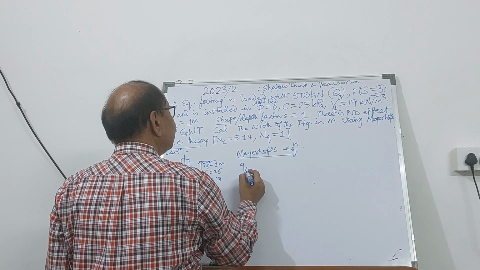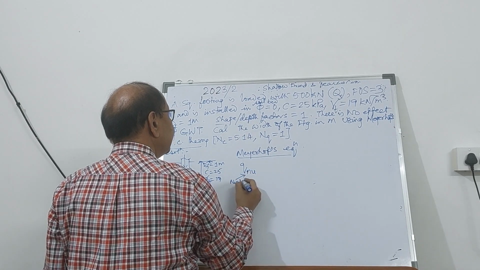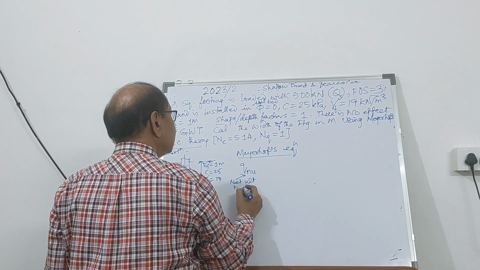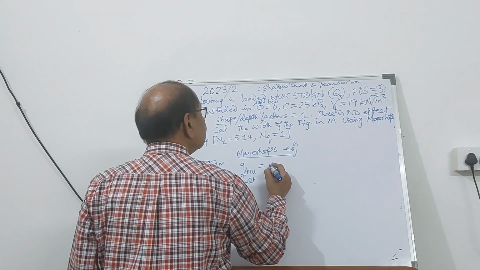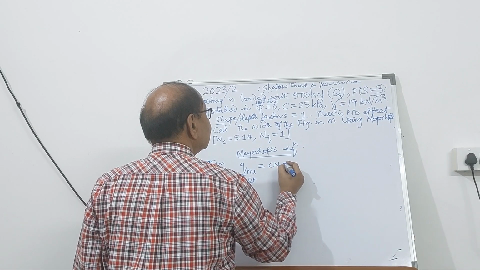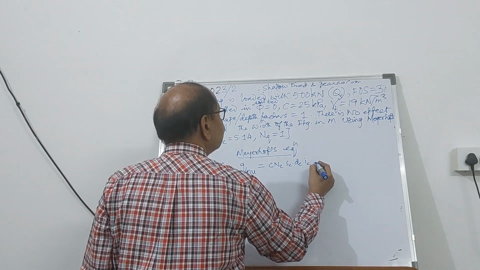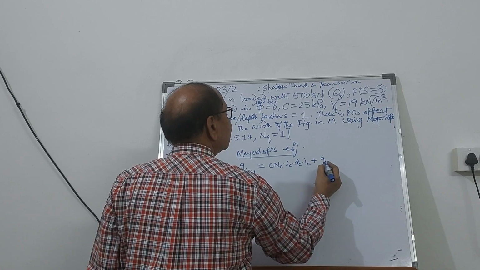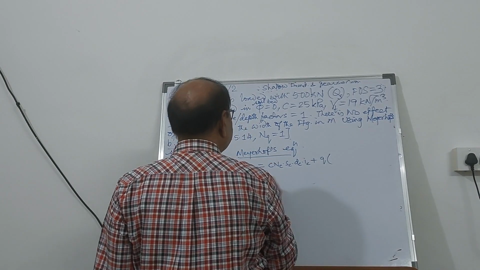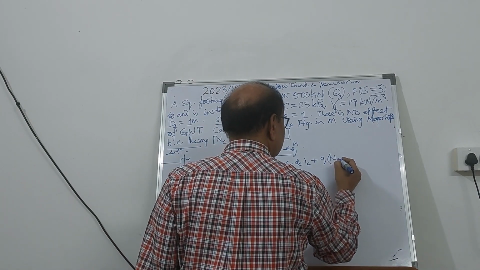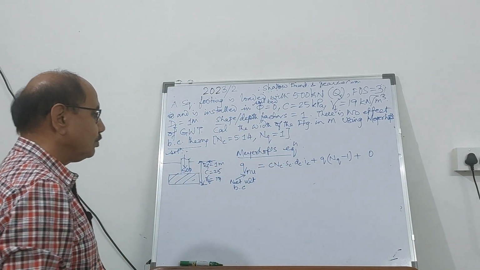So you can calculate the net ultimate bearing capacity, which will be given by C, Nc, shape factor, depth factor, inclination factor, plus the surcharge Q. Now it is net, so it will be Nq minus 1, and the third term will be 0 because N gamma is 0.